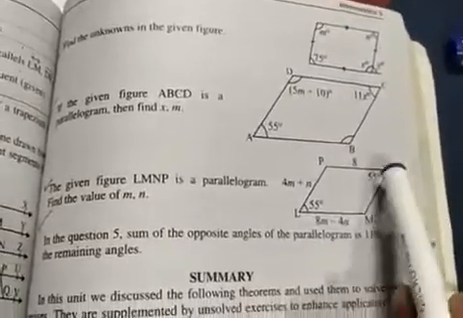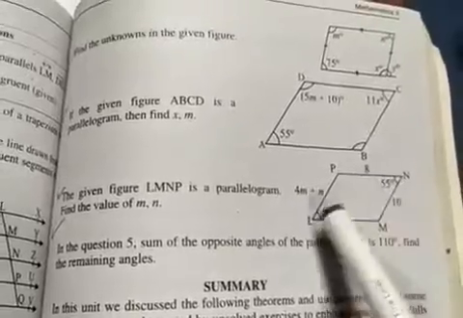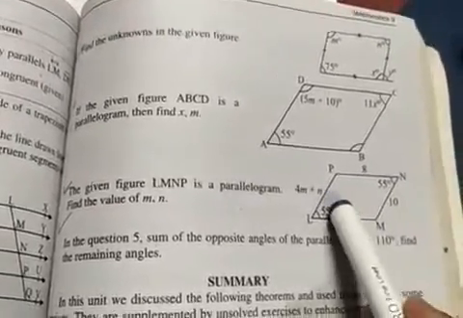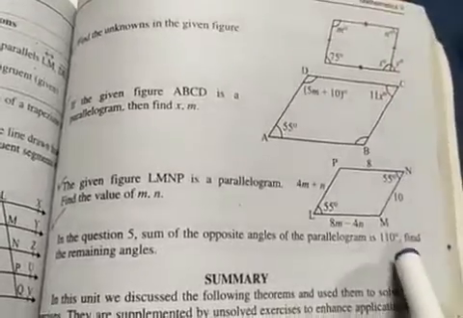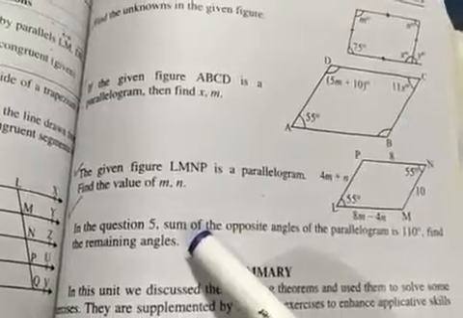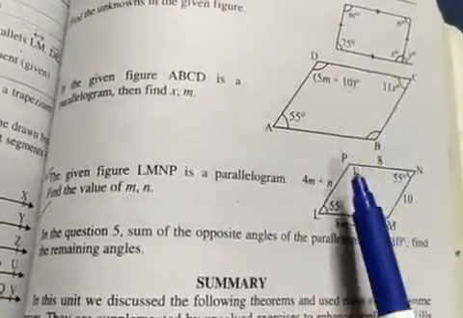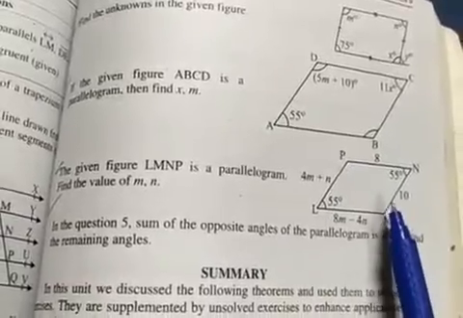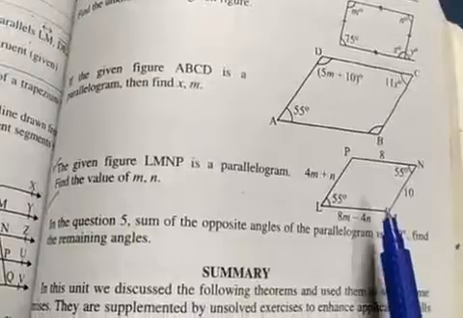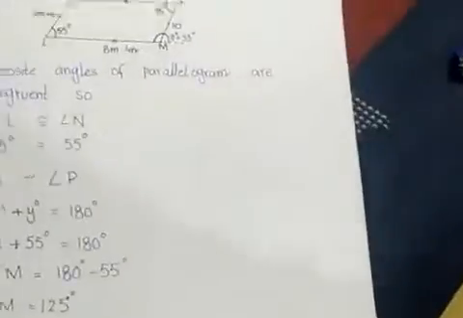Here you can see L and N both are opposite angles, and if we add them, the sum comes out to be 110. 55 plus 55 is equals to 110. Find the remaining angles. We have to find the remaining angles, and the remaining angles are this P and this M. It means we have to find the value of P and M. Clear? So let's see the solution.